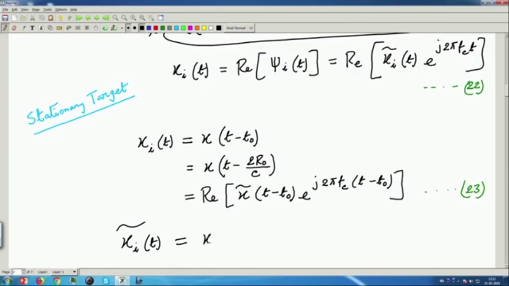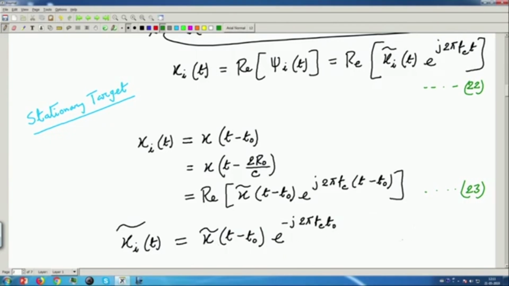Just looking at here, I can say x(t minus t 0) e to the power minus j 2 pi f c t naught. Just suppress the carrier part. So, this is important, that what is the complex envelope of the received echo in terms of the transmitted signal complex envelope, this is their relation.